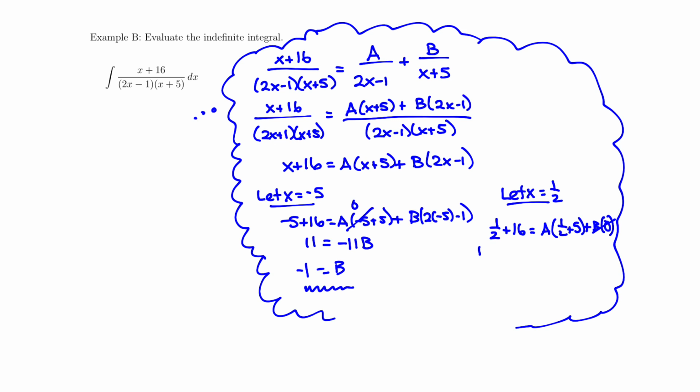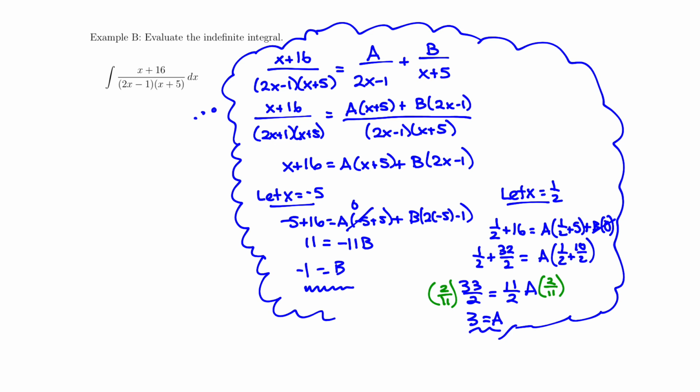So I get 1/2 plus 32 halves, and then 1/2 plus 10 halves. So I'm getting 33 halves equals 11 halves A. Flip and multiply by the reciprocal, 2 over 11. That's giving me 3. 3 is A. You guys got 3 being A.